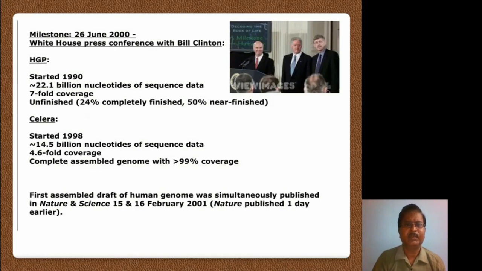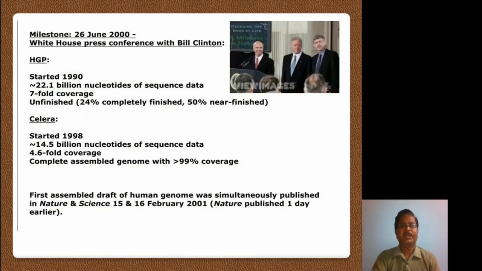Then in HGP we have milestones. In the picture you can see the former president of the USA, Bill Clinton. The year 2000 was the milestone when the work on HGP was completed. On 26th June 2000, in the White House press conference, the former president Bill Clinton met the press regarding the HGP.